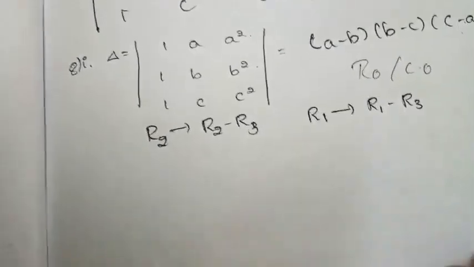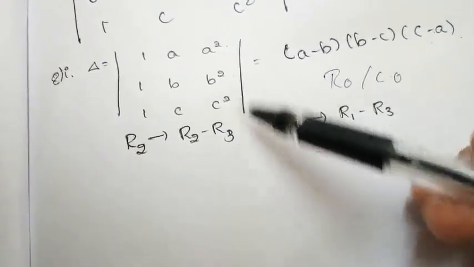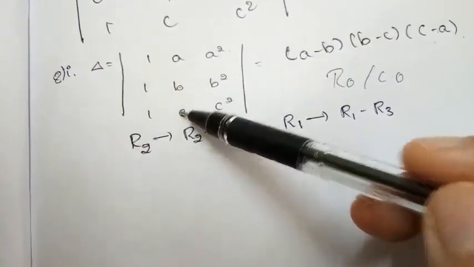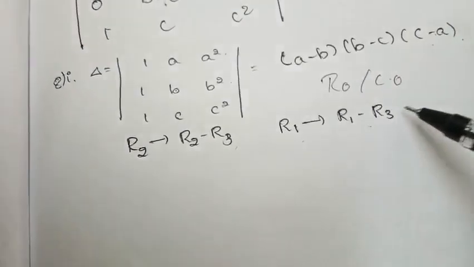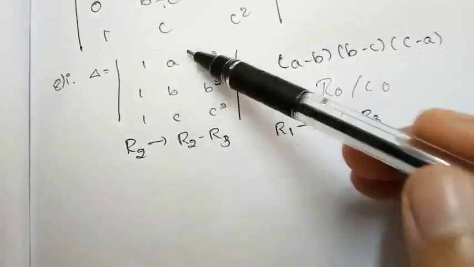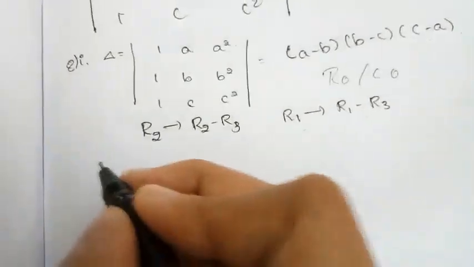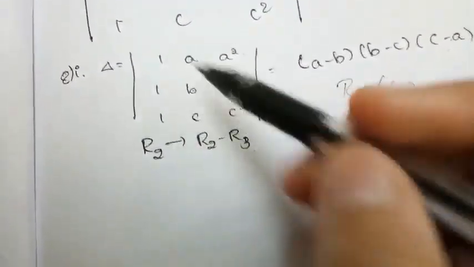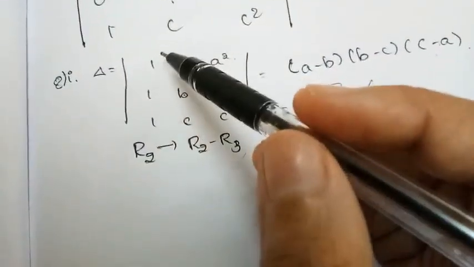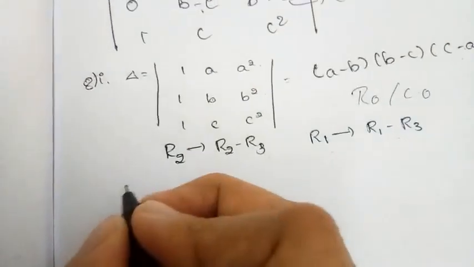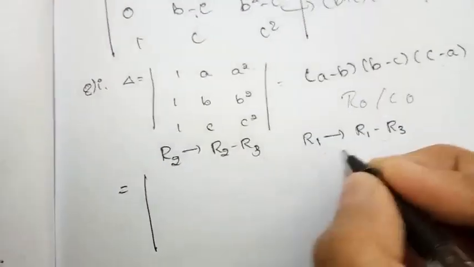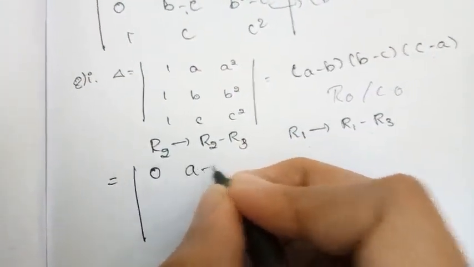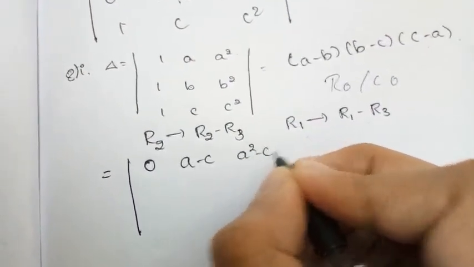Why so? Because if I apply R2 minus R3, I am going to get b minus c, and R1 minus R3 means I am going to get a minus c here. Along with that, there is an additional use: we are going to get two elements equal to 0. That is, row 1 becomes 0, a minus c, a square minus c square.